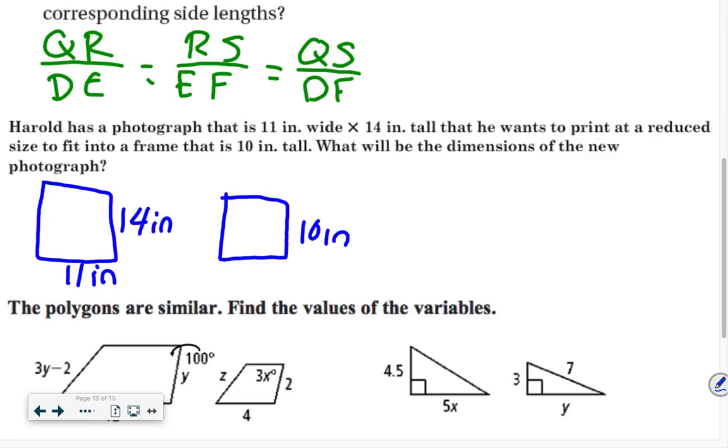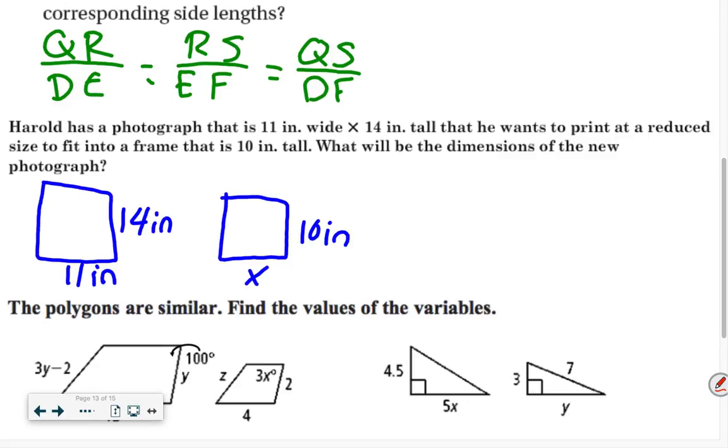Well, if I want it to be 10 inches tall, I need to figure out how wide it's going to be. So that would be 14 over 10 and 11 over x. What do you guys think?